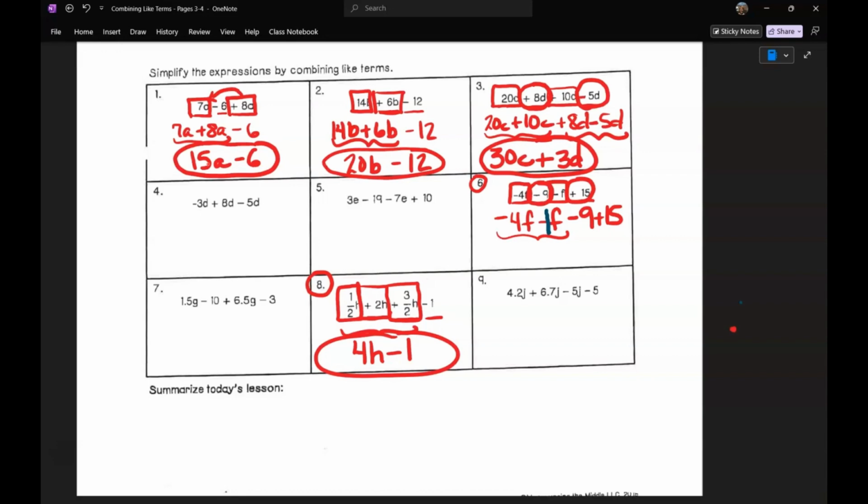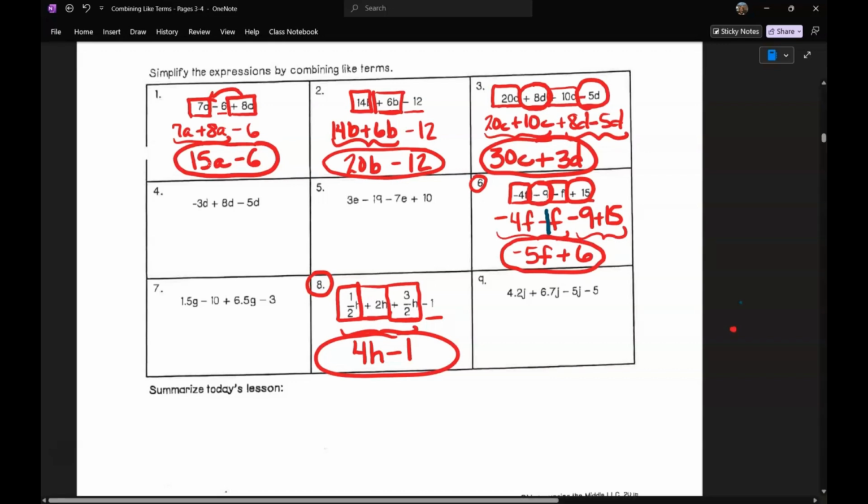So we're actually going to have -5F, and then let's put these together. I take away 9, but I add 15, or I lose 9, but then I get 15 back. So really, I'm only at +6. I gain 6 because I'd really subtract those two. And then that's all we can do. I can't put F's with the 6. I can't put the -5 and the 6 together because one has a variable and one doesn't.